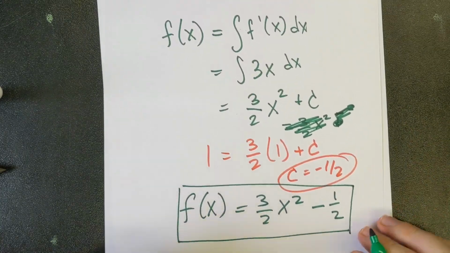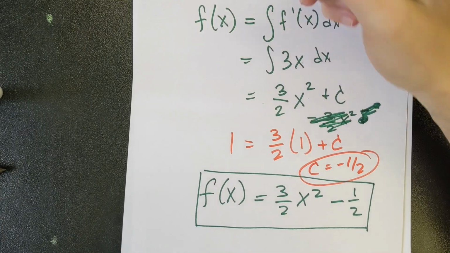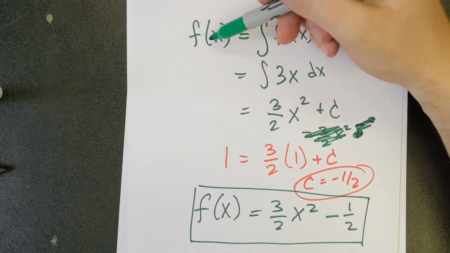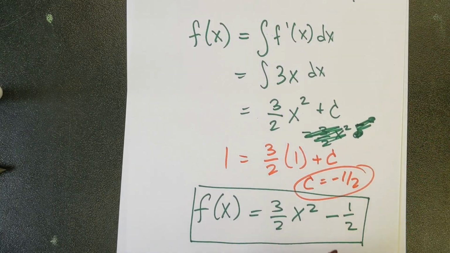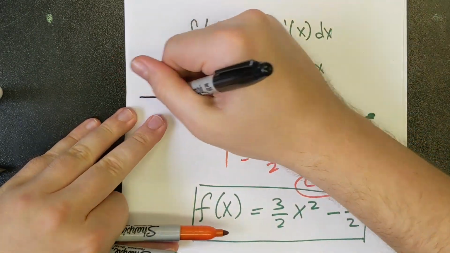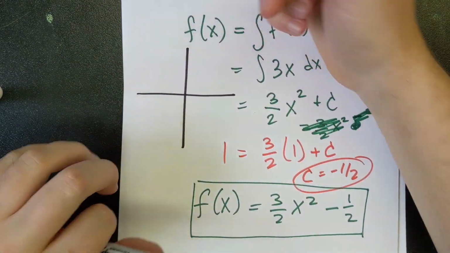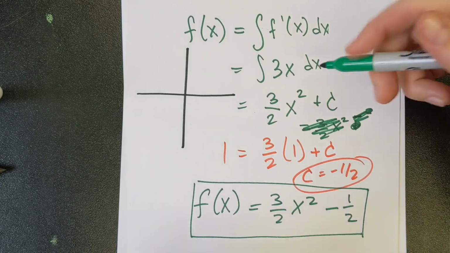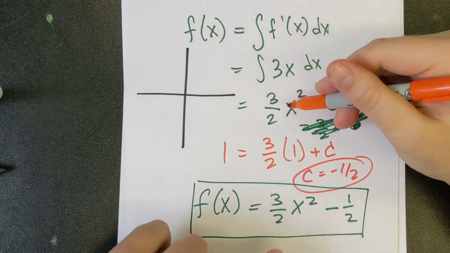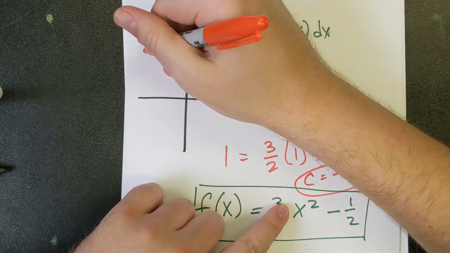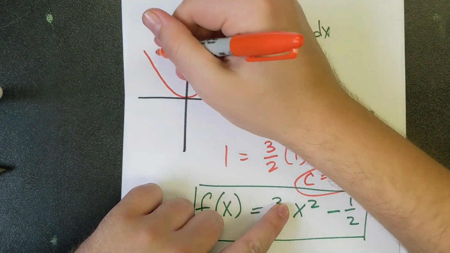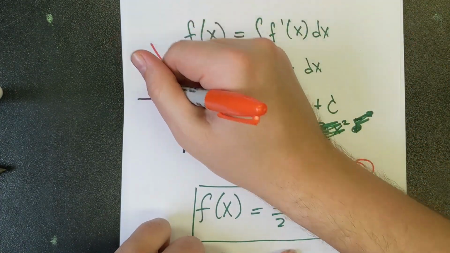So you should think about what's going on here: your solution to f of x is actually a whole family of equations. You know, in your graph here, when the constant c is 0, it's just like 3 halves x squared. When it's 1, it's a little bit higher. When it's negative 1, it's a little bit less.